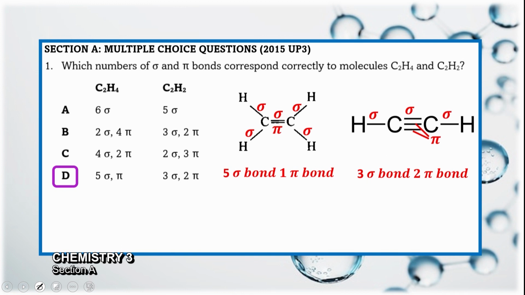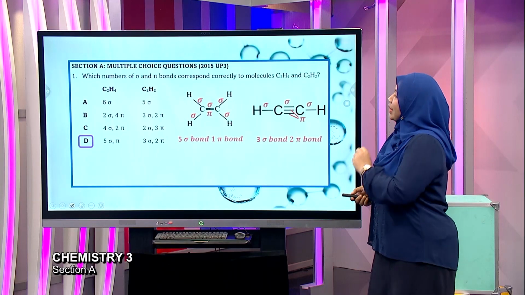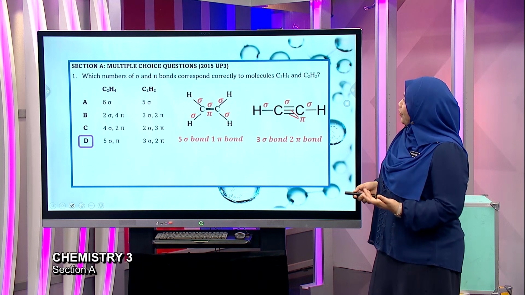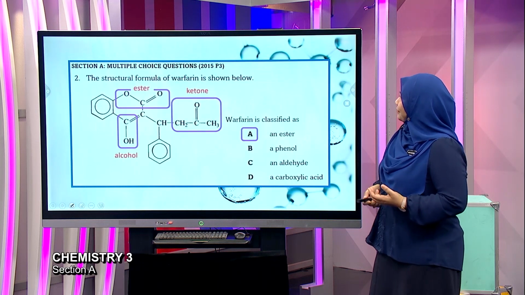From the structural formulae of the two compounds, you will know that for ethene, there are 5 sigma bonds and 1 pi bond. And then for ethyne, there are 3 sigma bonds and 2 pi bonds, which will give you the answer, which is D.